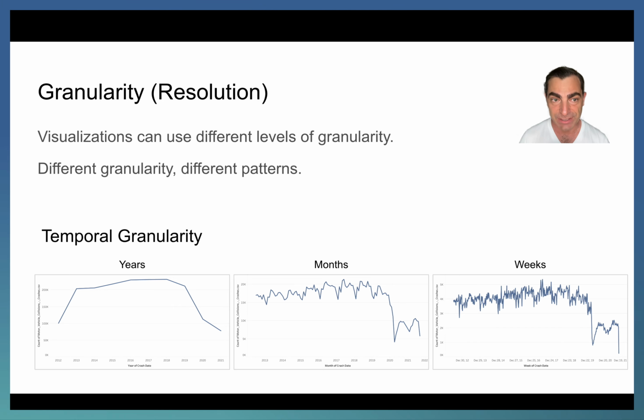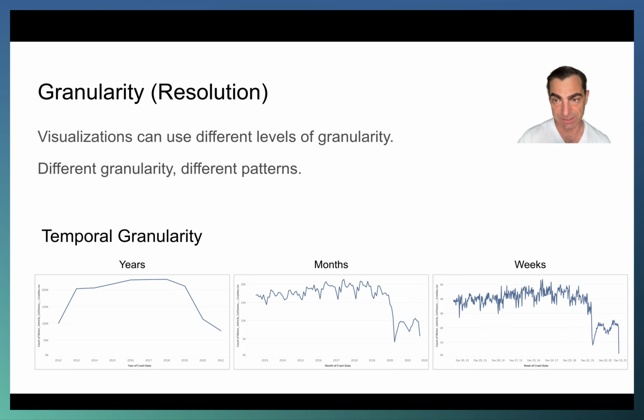Here I have a few examples with different types of data. So for example, if we look at temporal data, we can aggregate quantities at the level of years, months, or weeks. And as you can see here, according to what level of granularity we decide to use, certain patterns are more or less apparent, right?